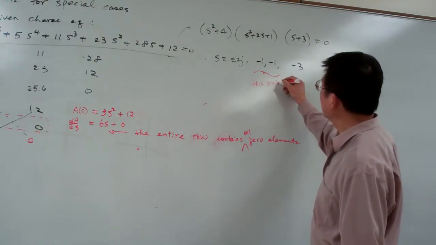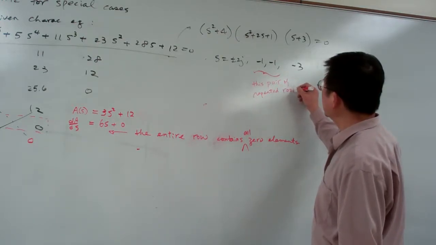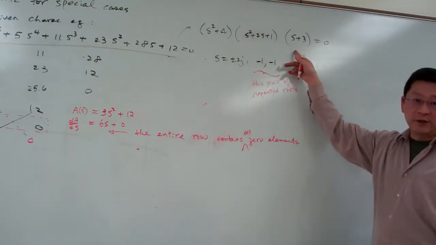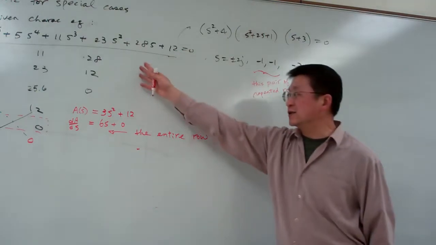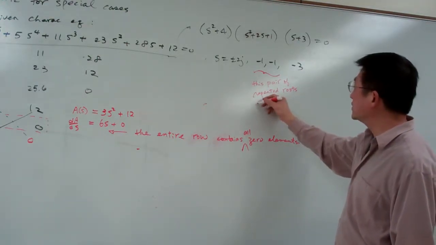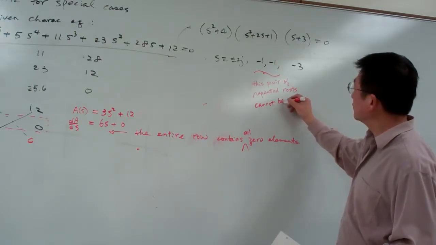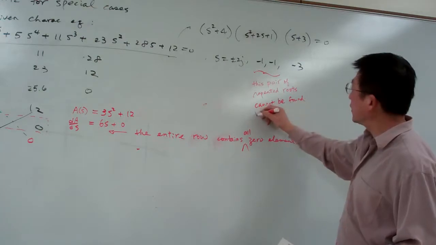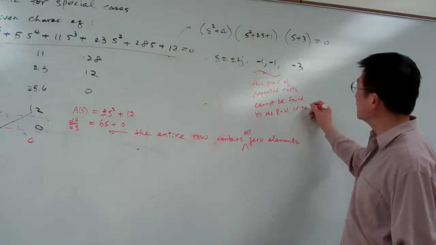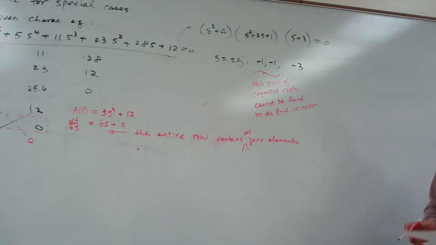We found this by doing additional work, and this work is outside the scope of the Routh Hurwitz table. Basically, repeated roots cannot be found by the Routh Hurwitz criterion. We need to do other additional work. Okay, so those are the comments for this.